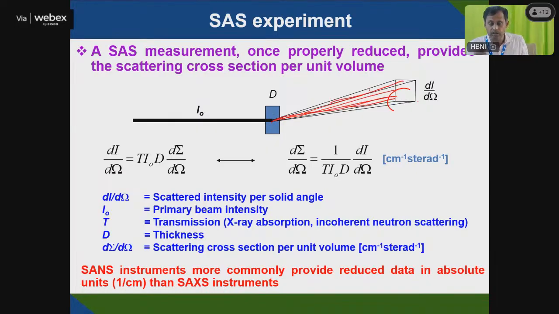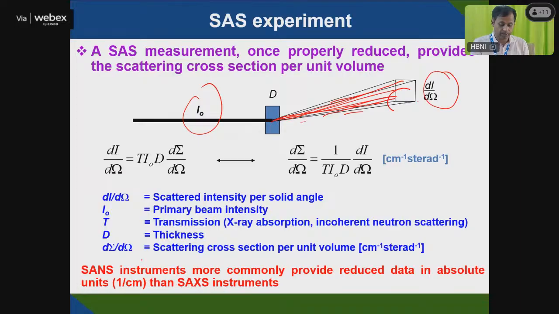It's not like diffraction, where only one particular incident beam direction you will measure. Here, after falling on the sample, scattering in different directions is possible. And out of that, the scattered intensity at a particular solid angle we measure, dI by d omega, and I0 is the primary intensity of the beam, T is the transmission of X-ray or neutron scattering, and d is the thickness of the material.